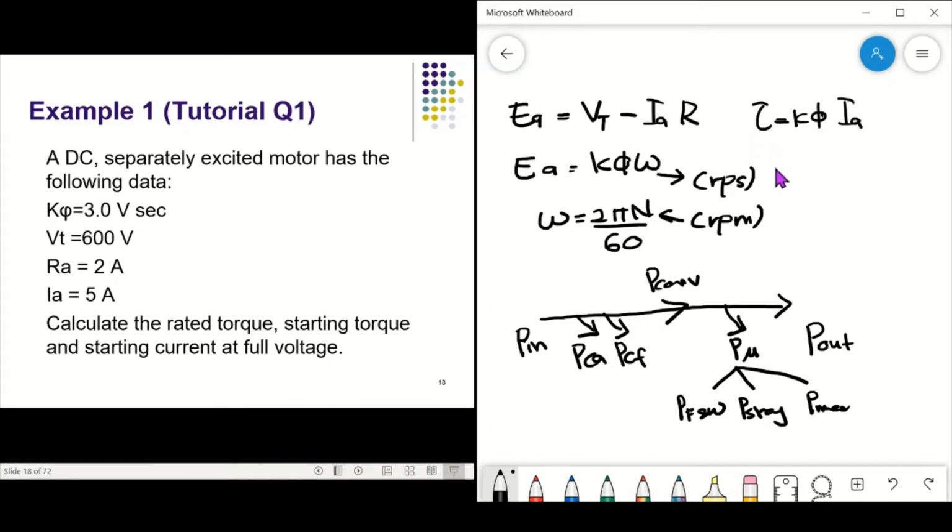Torque is equal to K flux IA, and K is the machine constant. For the same motor, the machine constant is the same, and if we change the motor, the K may differ. So try to solve this example.